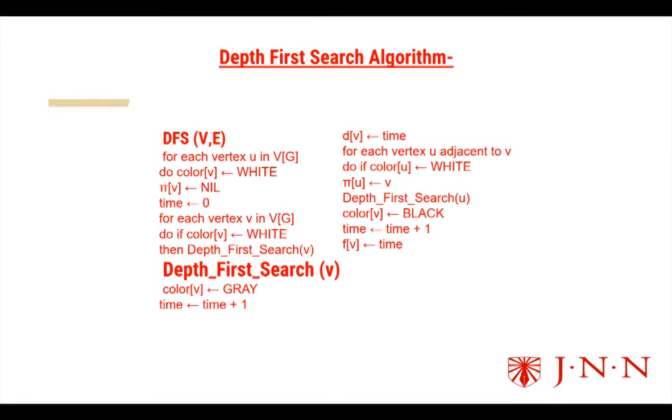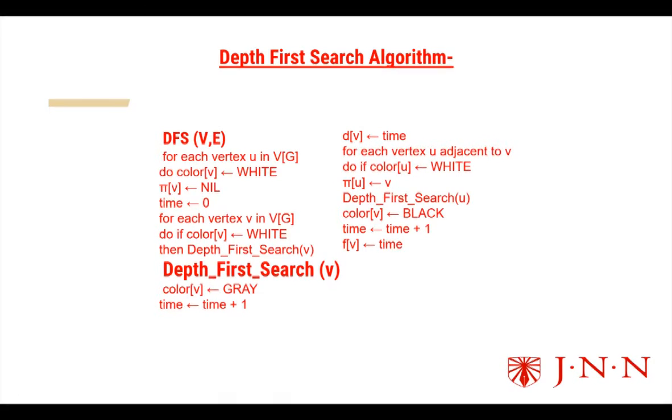Then when we are processing the vertex u of G, if the color is white, then we have to apply the depth first search algorithm. What will happen after applying the depth first search algorithm on the vertex u? First that node color will be turned from white to gray. Then the time unit will be incremented by 1.